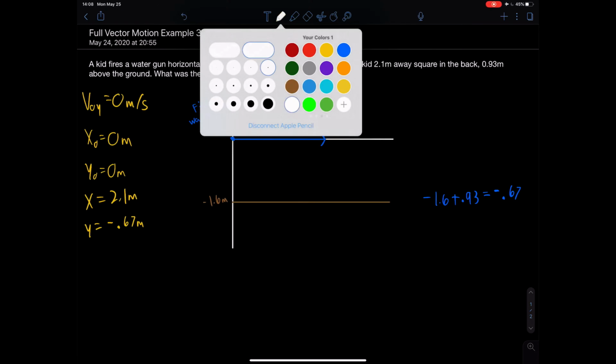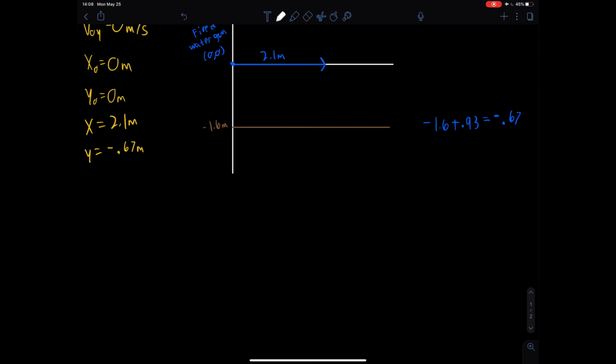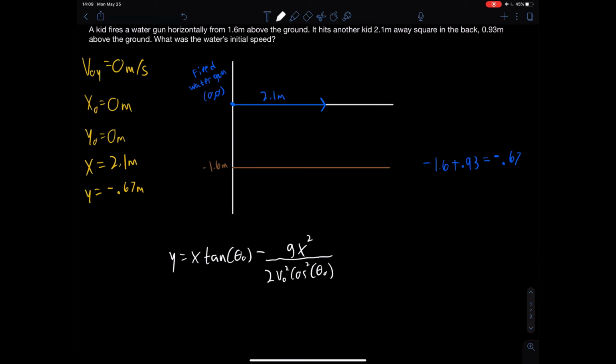Okay, now let's get our equation. The trajectory equation was y equals x times the tangent of our launch angle, minus, in the denominator, 2 times the magnitude of the initial velocity squared times cosine squared of the launch angle, all under g x squared. So let's look at this information.